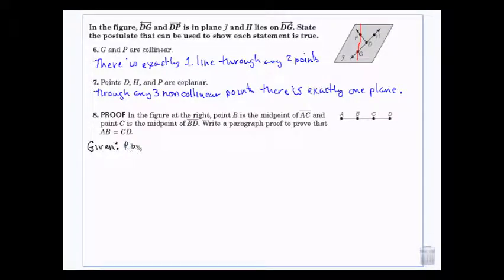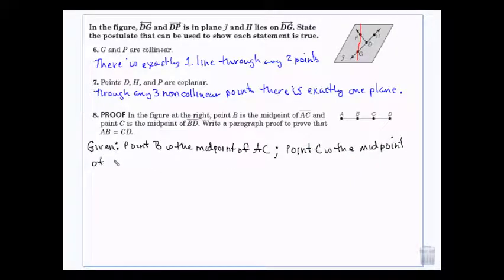So we have point B is the midpoint of AC, and point C is the midpoint of BD.